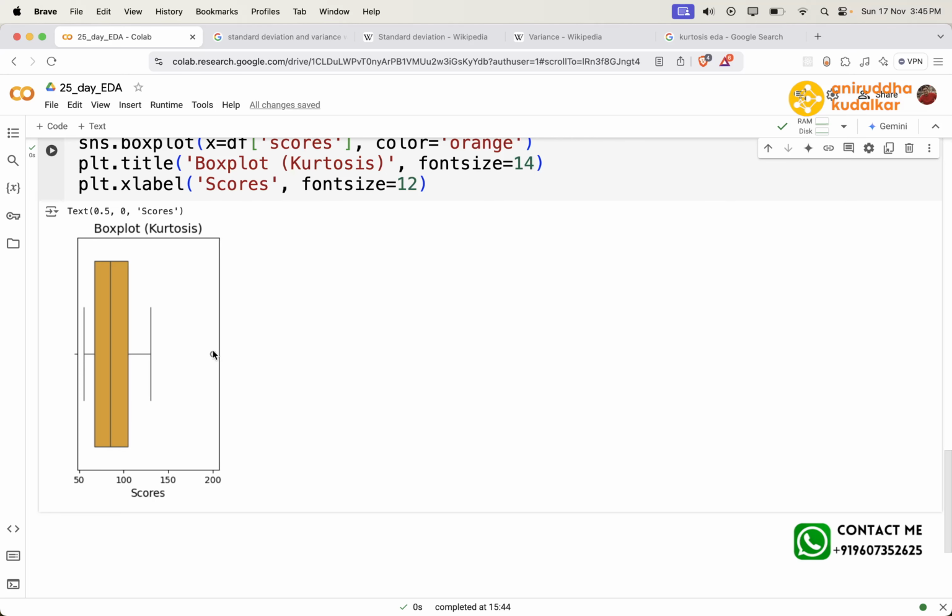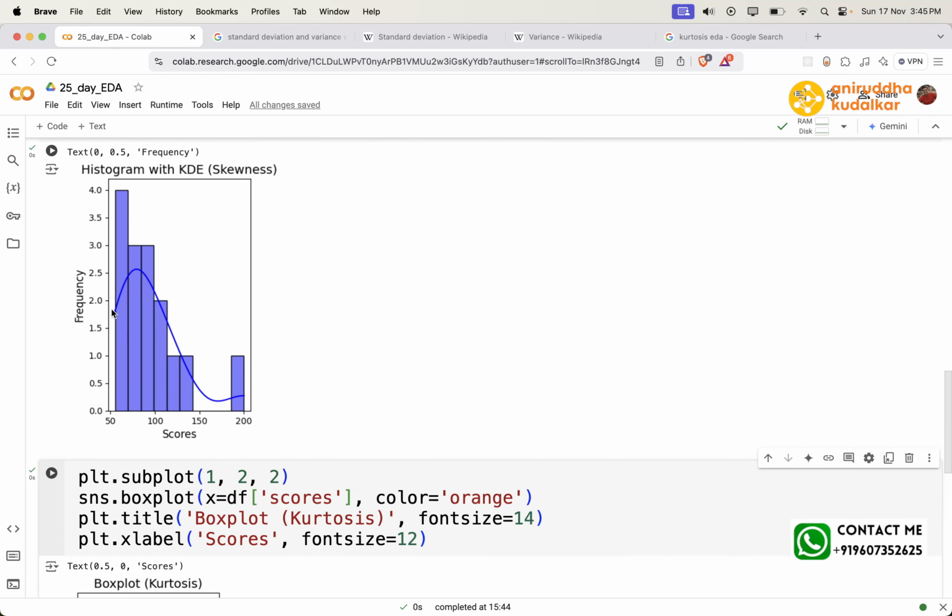The box plot displays the data distribution and highlights peakedness via the presence of tight and spread whiskers in the box, with the outlier marked as a point.